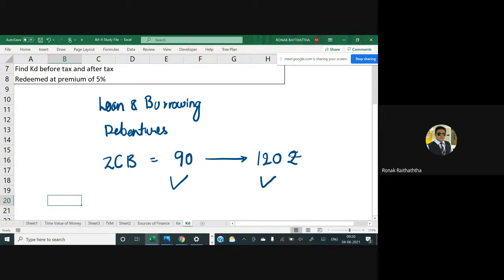Because the company is just receiving 90 rupees, and at the time of redemption, at maturity, 120 rupees would be paid to investors. So this 30 rupees is the cost for the company to be incurred in this period, right? So that is again the cost of debt.